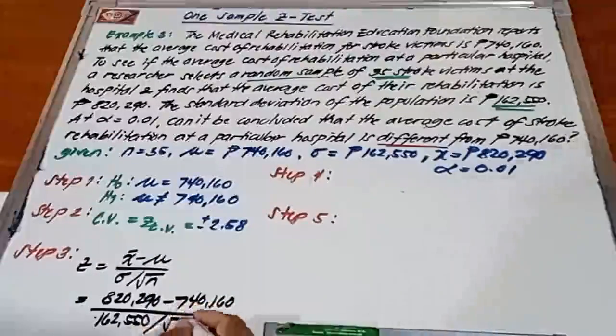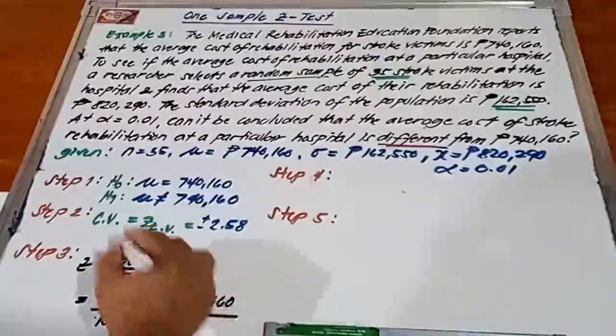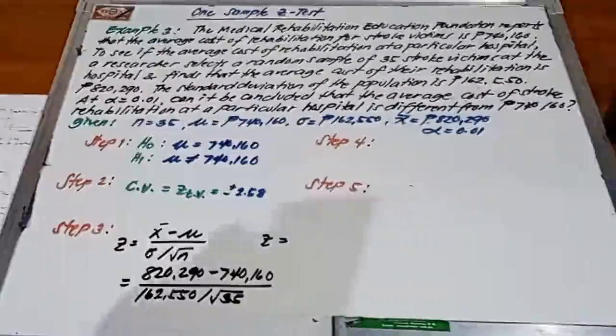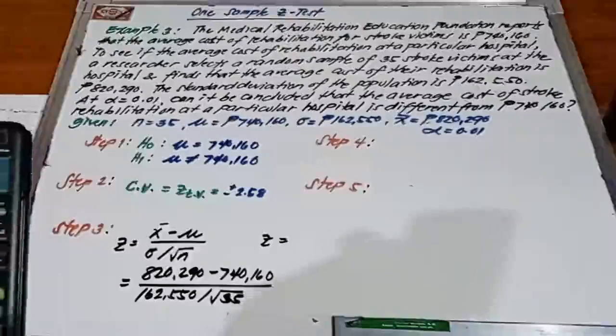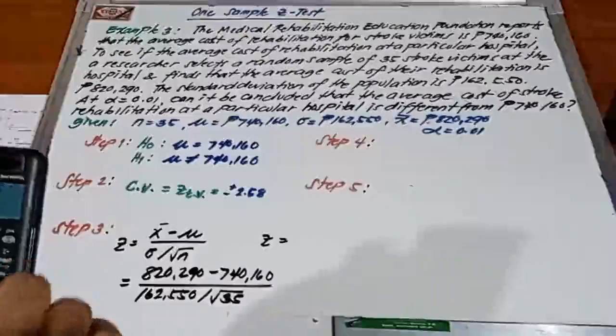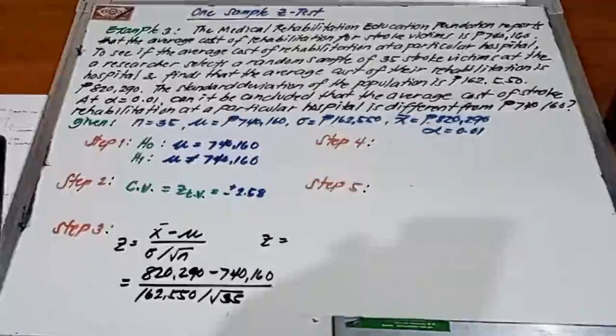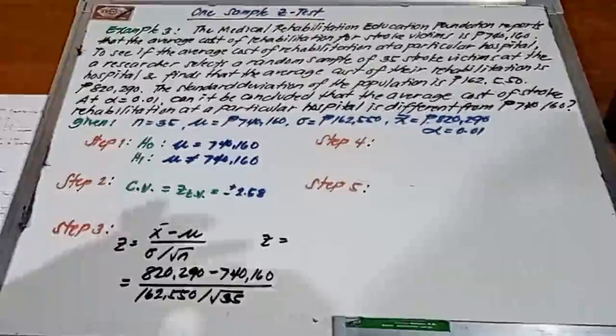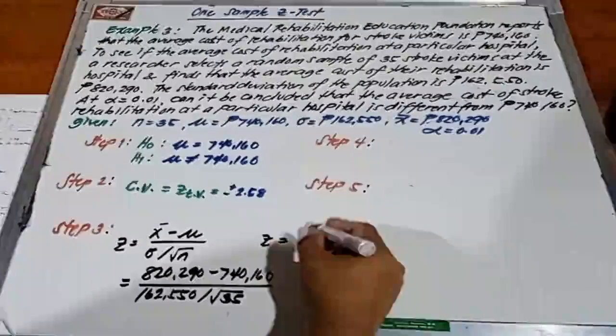Okay, so 35. Ayun pala, nasulat ko, 35. So, using our scientific calculator, we have fraction 820,290 minus 740,160. The bottom, we have 162,550 divided by square root of 35, then equals, our answer is 2.92. Okay, so z computed value is 2.92.